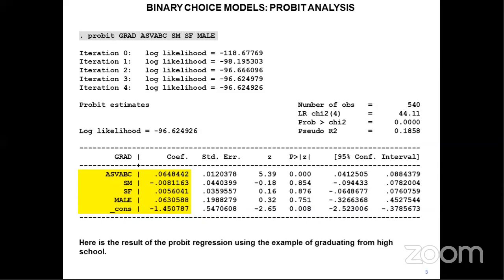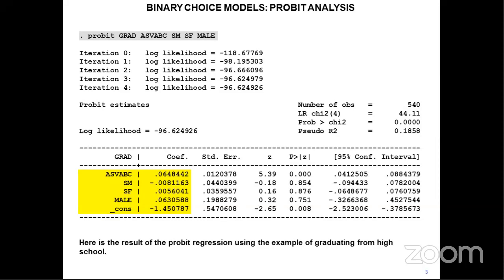So whether a person joins graduate school or not depends upon several factors: the mother's schooling, the father's schooling, the person being male or female, and their average score in previous education, high school education in this case.